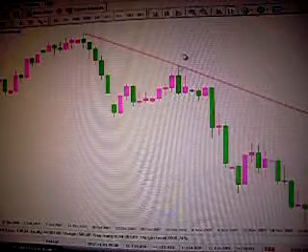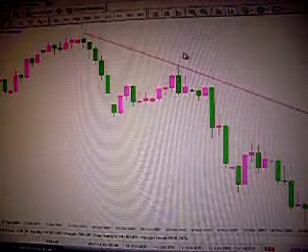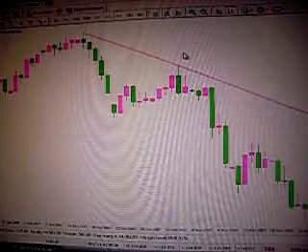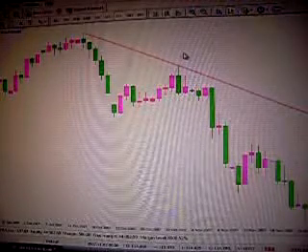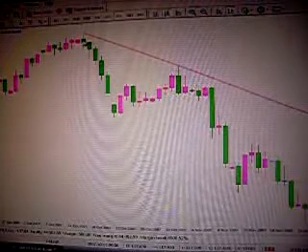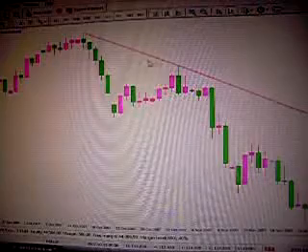Now this is a bearish trend. There are two ways you can tell that this trend is bearish. One, your line is slanting down, and the technical definition is you are making significant lower highs.